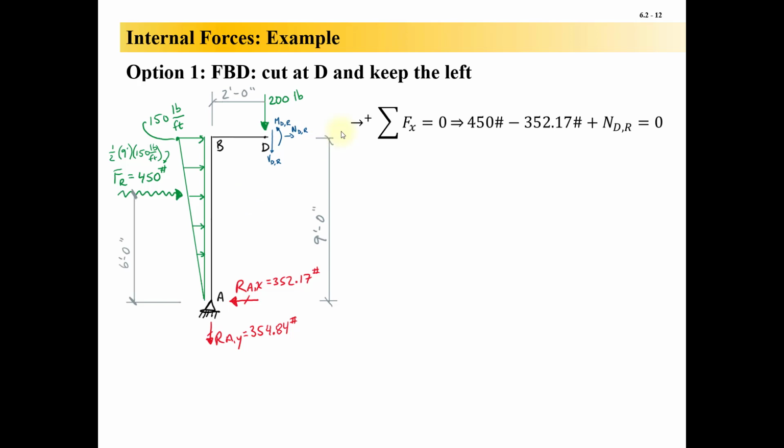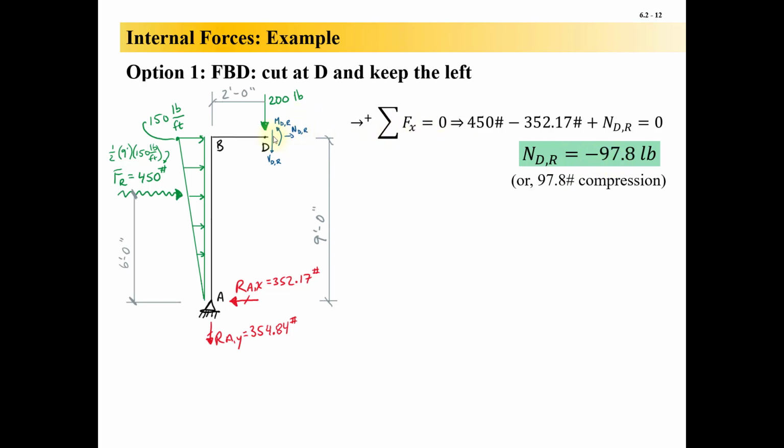So let's go ahead and start solving. Solving forces in the X is going to find my normal force for me, right? So I have 450 pounds minus 352.17 plus NDR. Always put your internal unknown force in your equation so that when you solve for it, you get the correct sign. And I get that it is actually minus 97.8 pounds of compression.